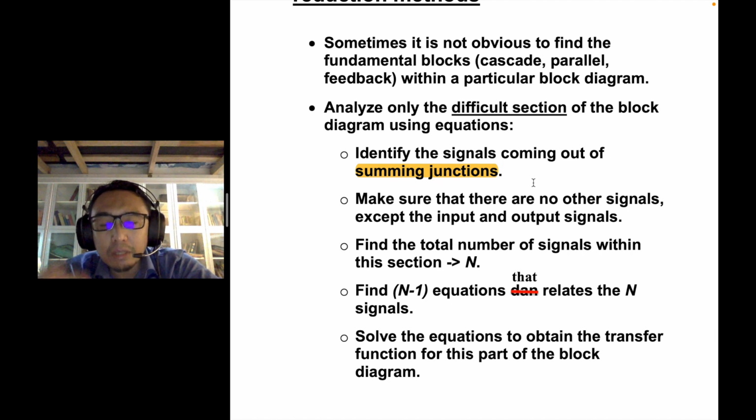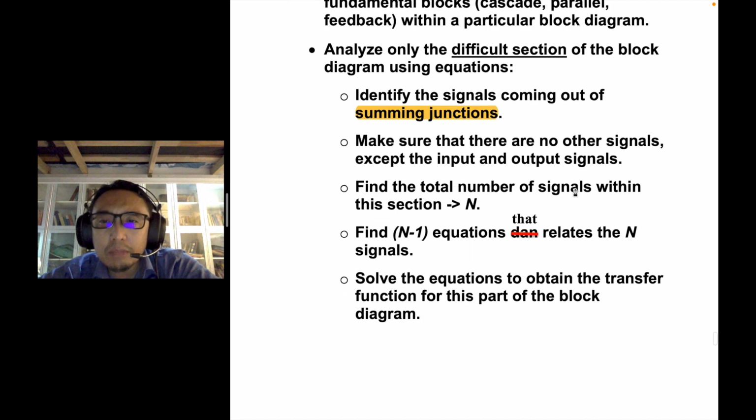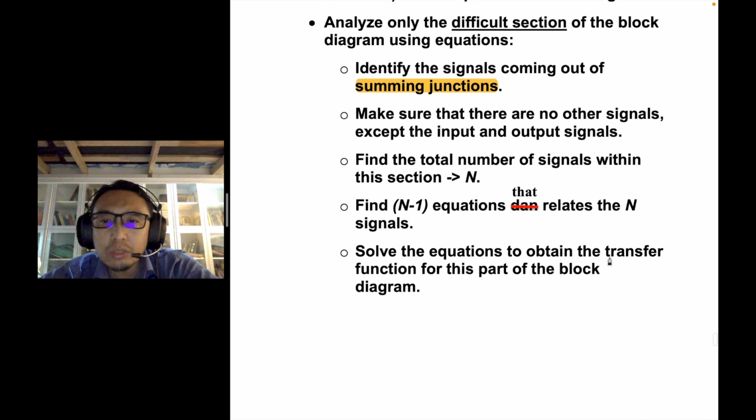That's the location where the complication normally occurs. Then make sure that there are no other signals except the input and output signals. Then find the total number of signals within this section. Assuming you have n signals, you find n minus 1 equations that relate the n signals. Then you solve the equations to obtain the transfer function for this part of the block diagram.